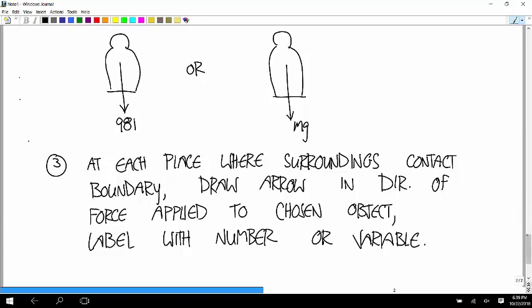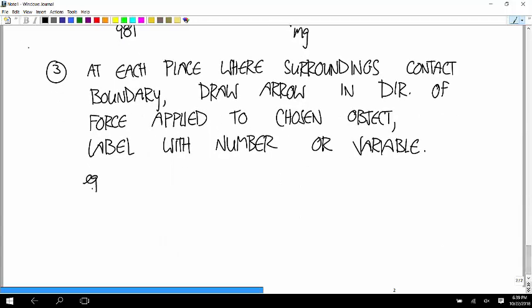Okay, so in this example, we have the weight force of 981, and we're going to know in 10 minutes or something that the scale is pushing up on the man's feet.